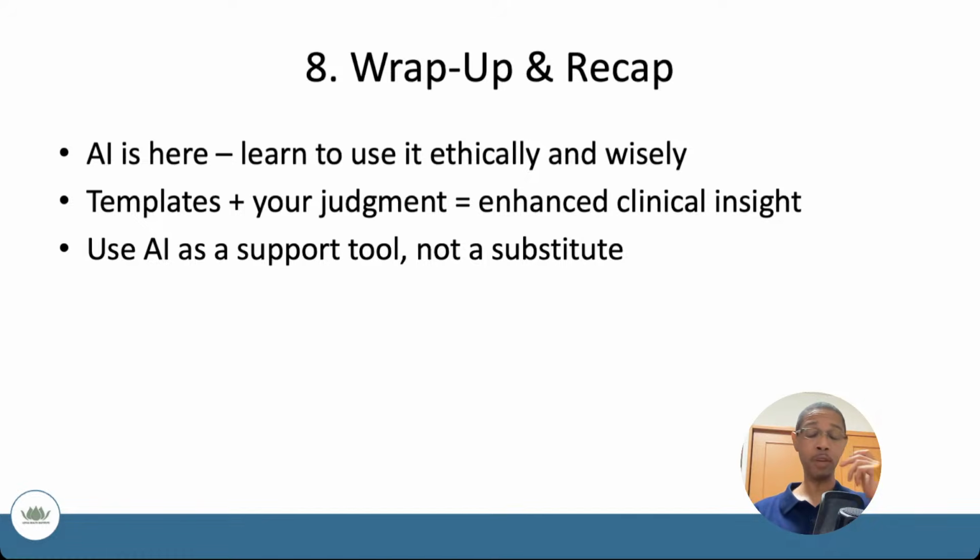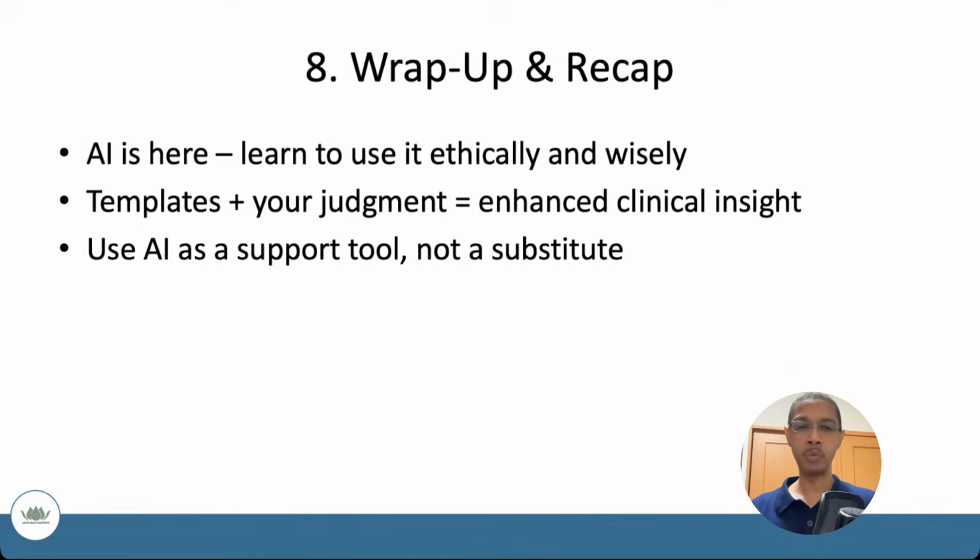Now, there'll be different uses for it, right? It depends on how they implement it. Say it's in a repertory program and it uses the regular repertory database style that you're used to, to give you selections of remedies, and then it uses AI to summarize that. That's a different type of use case that can also be helpful, right?